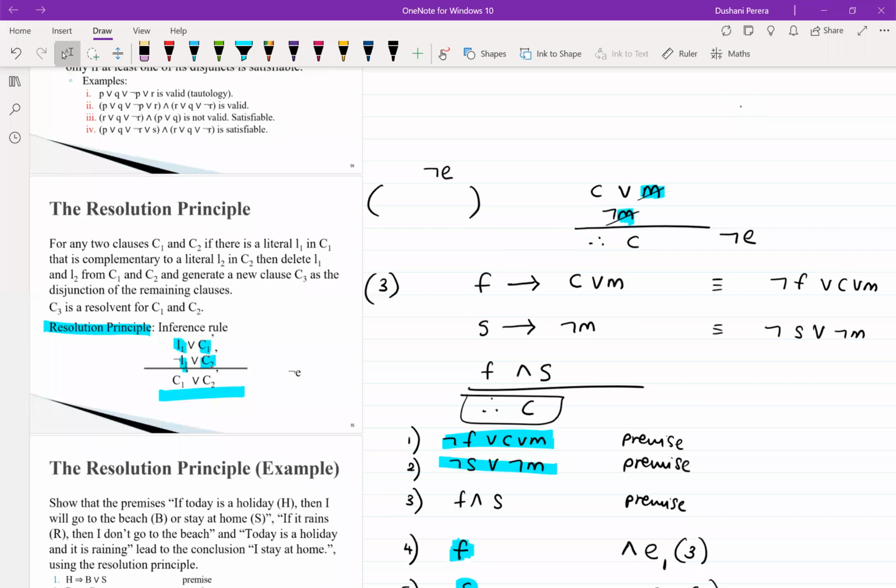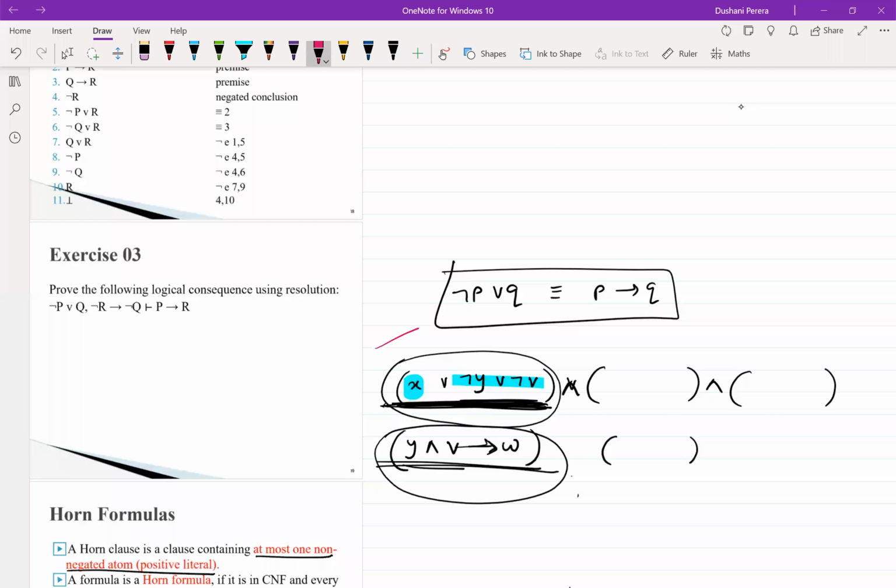Horn formulas can be written in the form of an implication, which will be useful for us tomorrow when we do satisfiability graphs.